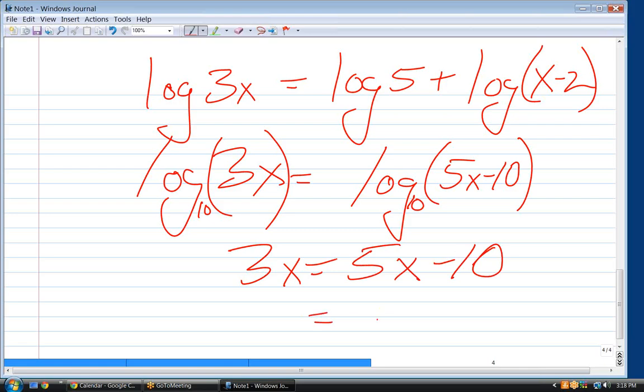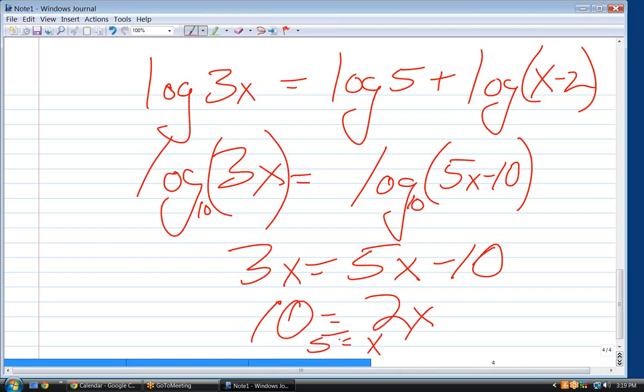Yeah. Which means what? X is negative 5? Positive 5. Oh, yeah. In other words, I'm going to move the 3x to the right, leaving 2x over here. I'm going to move the minus 10 to the left, and now x equals 5.